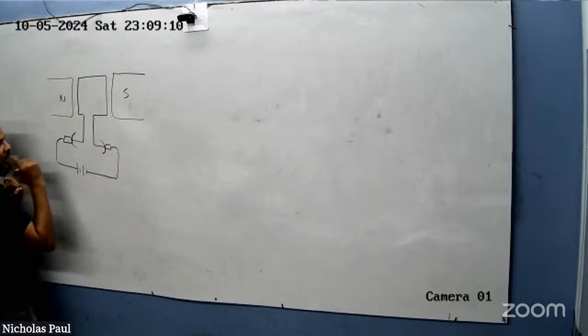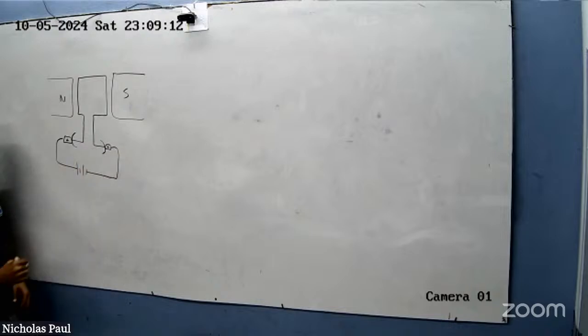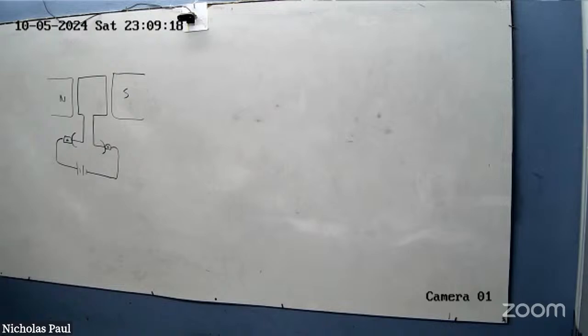If you have to explain how it works, what are the 5 main steps? Number 1, direction of current. Number 2, the force acted. Number 3, the rules applied.